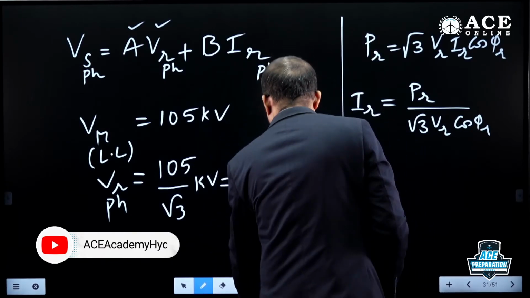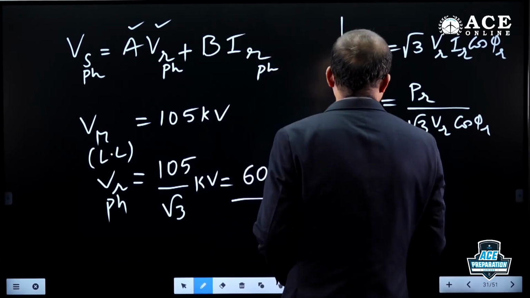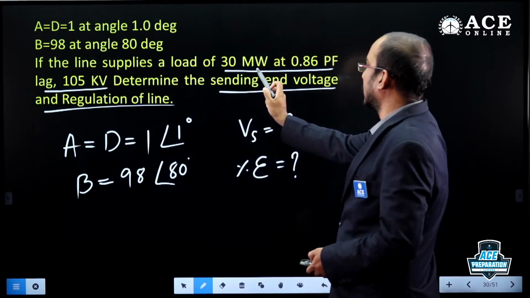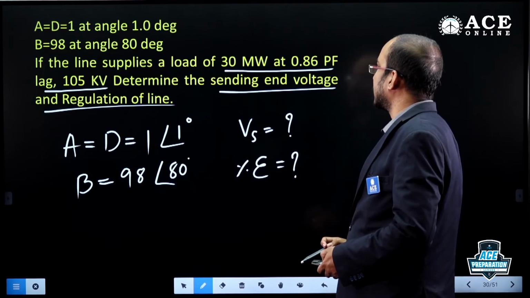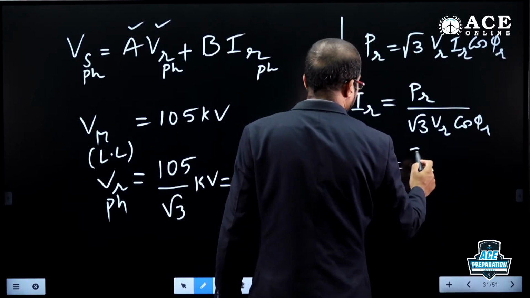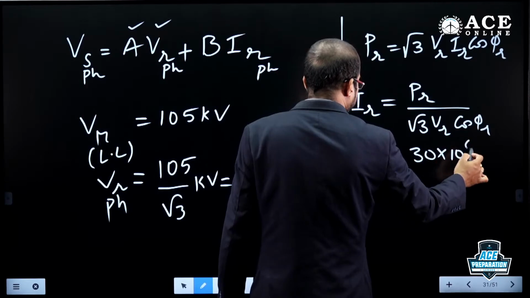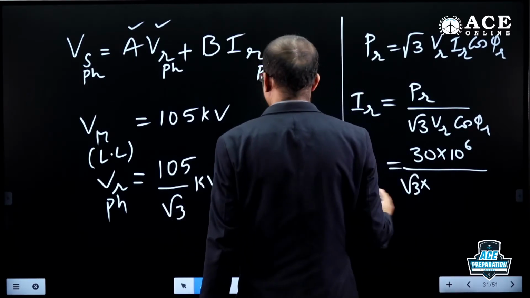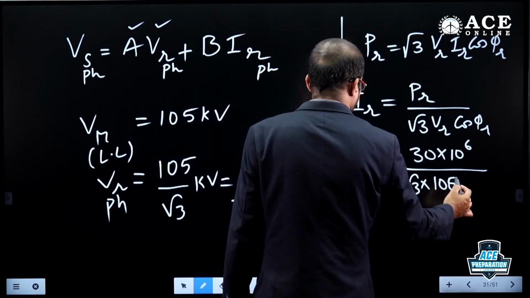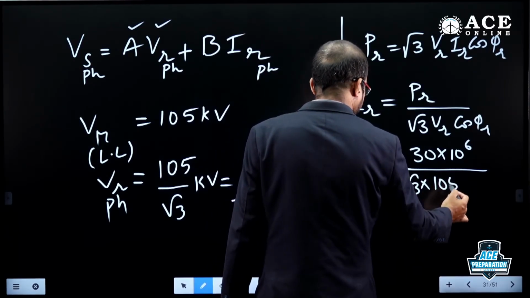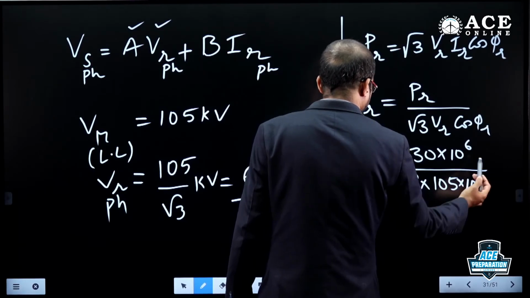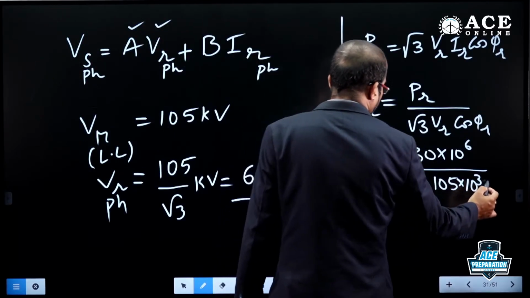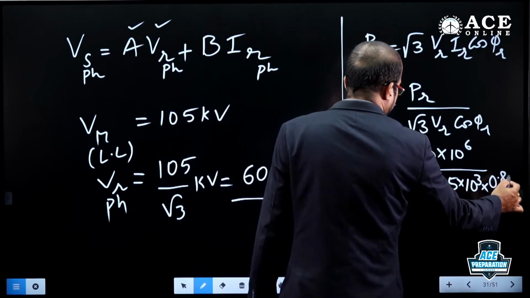Here the load is given as 30 megawatt at 0.86 power factor. So 30 into 10 power 6 by root 3 into VR, the line value 105 kilovolts, that is 105 into 10 power 3, into cos phi, which is 0.86.